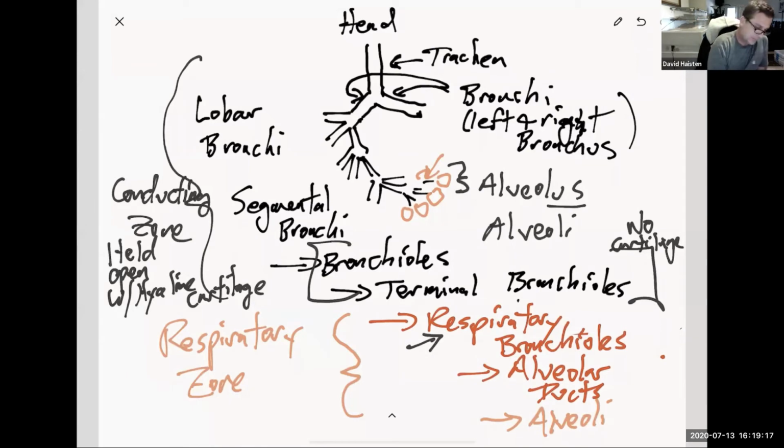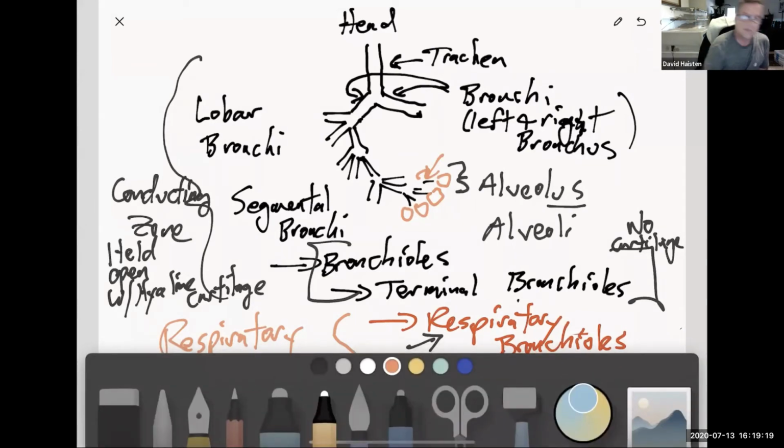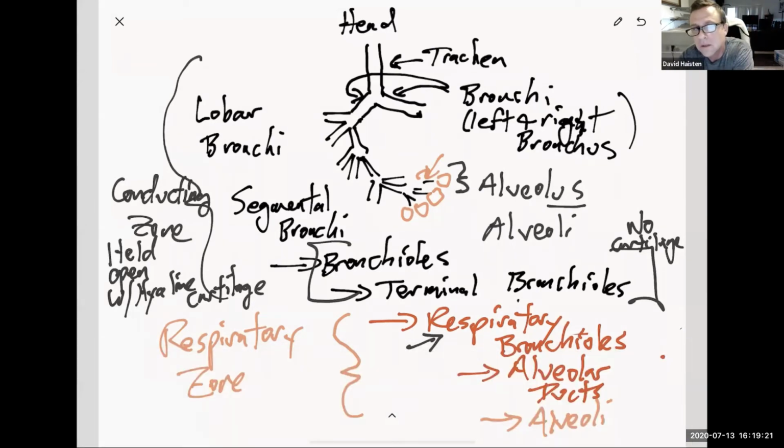Now, the sympathetic and the parasympathetic mess with your passageways. You can have what's called bronchodilation and bronchoconstriction.